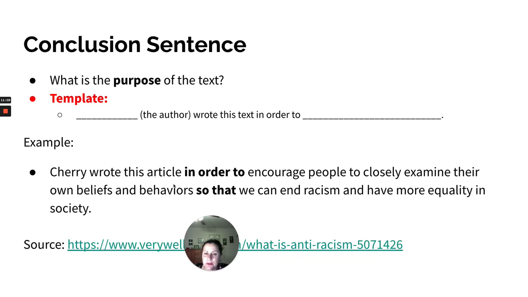Cherry wrote this article in order to encourage people to closely examine their own beliefs and behaviors so that we can end racism and have more equality in society. So that's why she wrote the article, because she wants people to look at themselves, and if they look at their behaviors, we can try to end racism and have more equality.